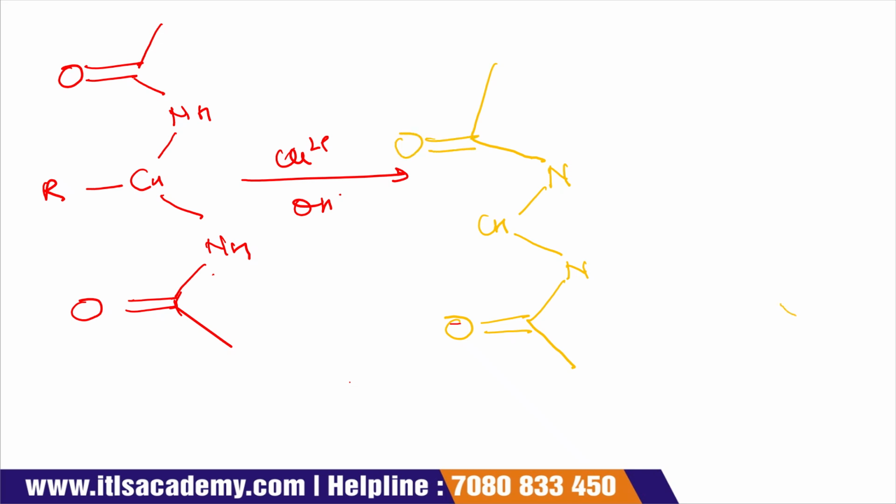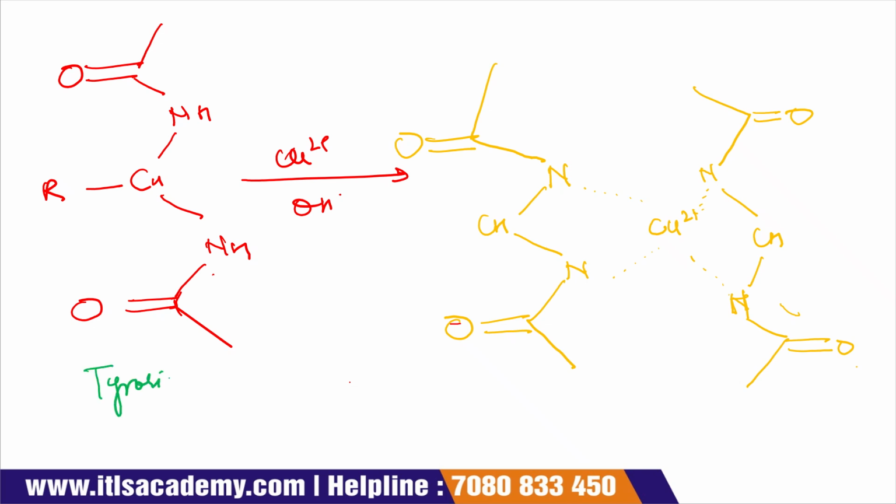Now this N forms a bond with copper ion, and here it is like that. This is N, O, and here the O is attached.